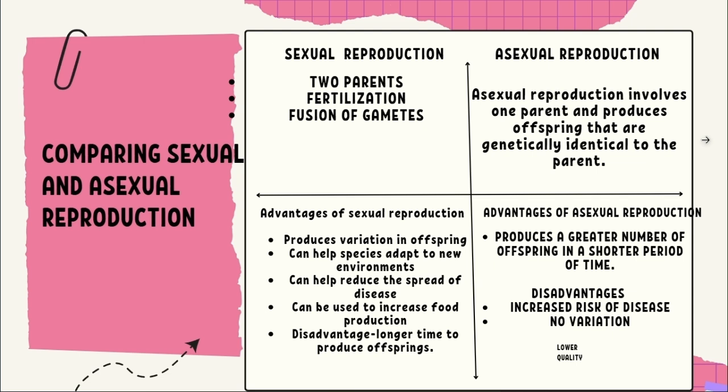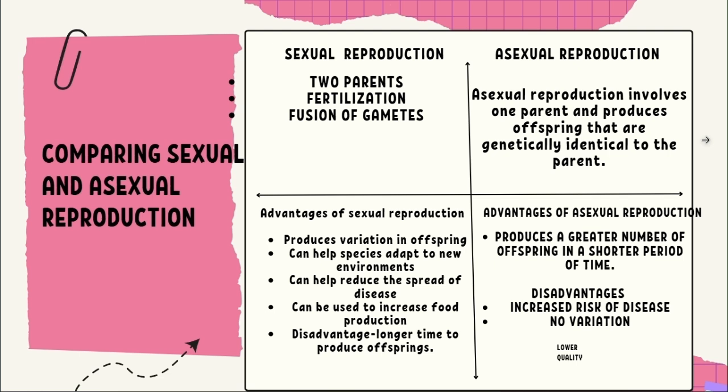They're literally identical, like identical twins. The parent and the child look exactly the same. So with asexual reproduction, there is no variation. There is no variation at all. So that disadvantage for asexual reproduction is actually an advantage to sexual reproduction.